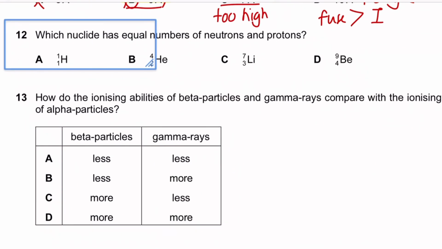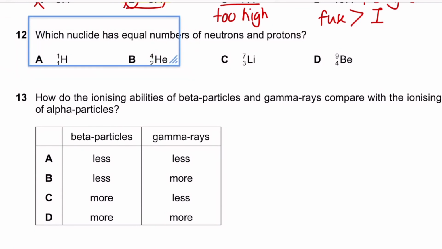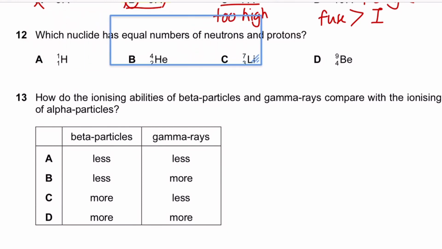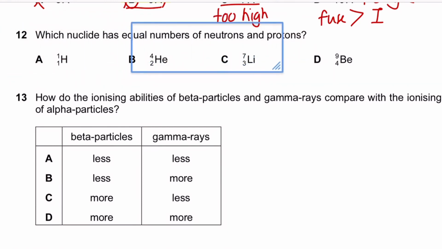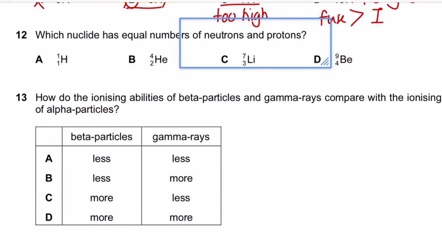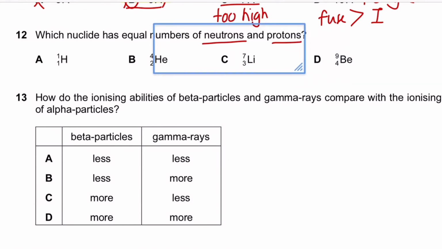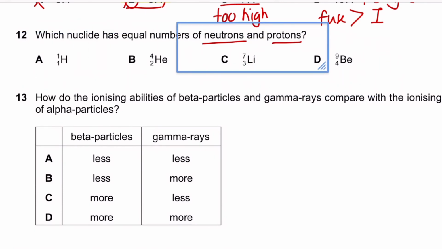Now next, on to question 12. Which nuclides have equal numbers of neutrons and protons? In order to obtain the neutron and the proton number, proton is direct. You can just read it off from the nuclide right here. But neutron, you need to calculate.